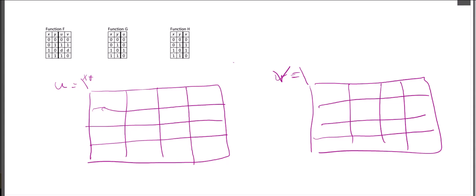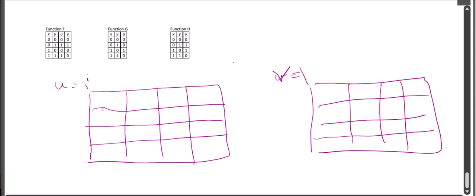We have control inputs I and J. So the control inputs I and J determine which function you're going to use. So this is just your prelab. You don't have to copy this. So you have I and J, and you have X and Y, and you set up a Karnaugh map.